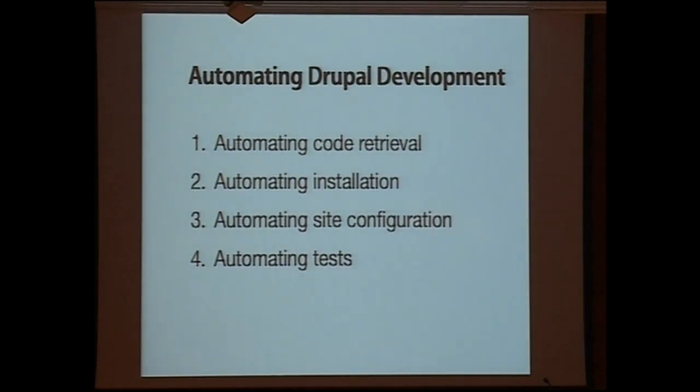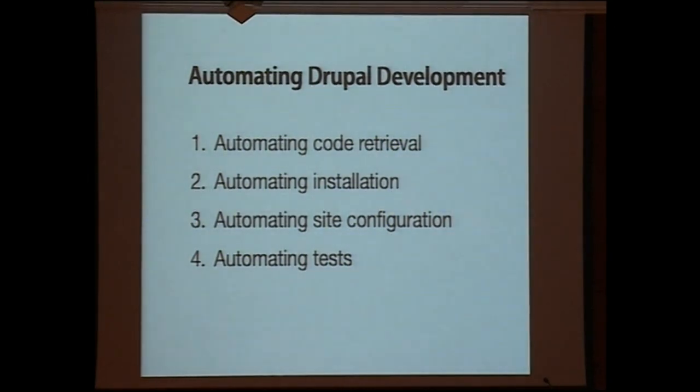Our focus today is about automating Drupal development. It's 4 steps. At least we will be seeing these parts. How to automate your code retrieval, downloading code for your website, how to automatically install your website, how to automatically push configuration to your website.